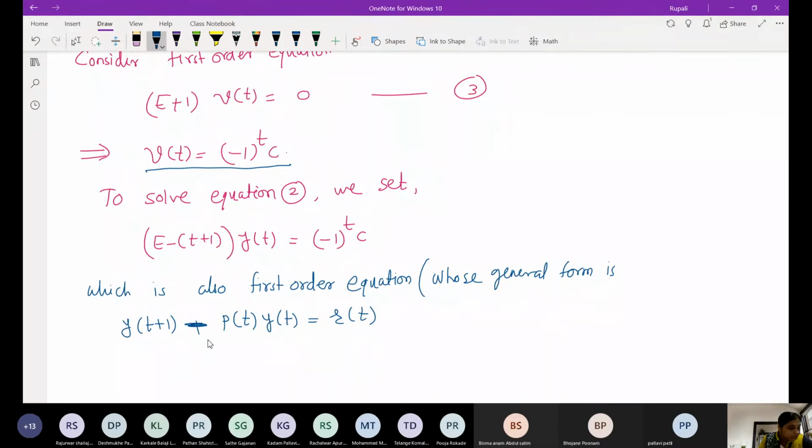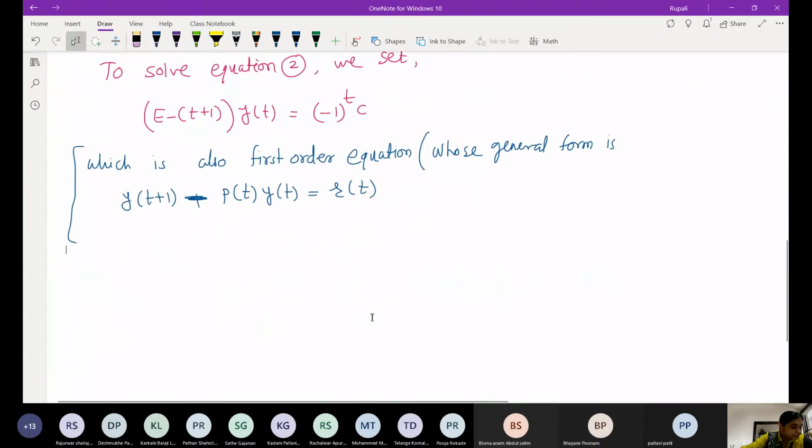The corresponding homogeneous equation is u at t plus 1 minus p of t times u of t is equal to 0.